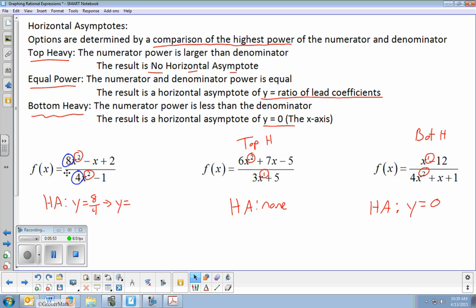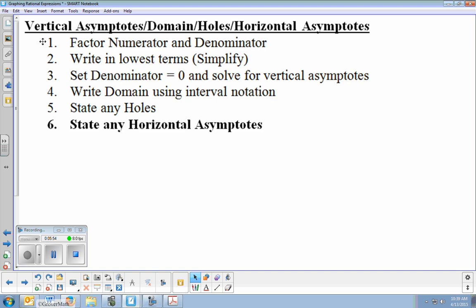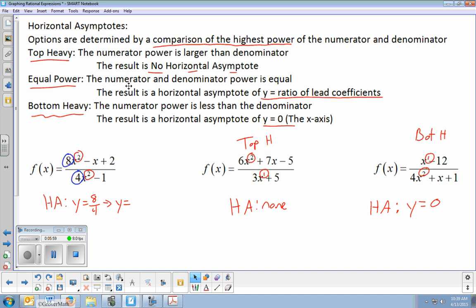Now, going back to steps 1 through 5, this requires us to factor, simplify, stuff like that. When we're comparing highest powers, it's to the original term. So notice that I did not factor anything here, but usually we do at this point. If we were to do this problem from the start, I would factor the numerator, factor the denominator, state my domain, simplify, state any vertical asymptotes, state any holes.